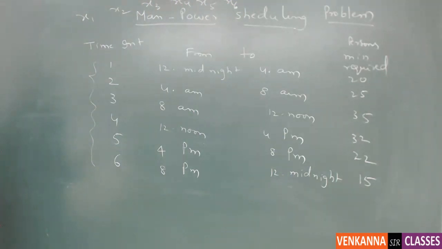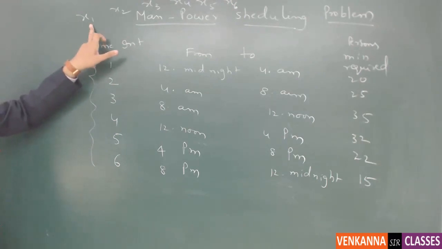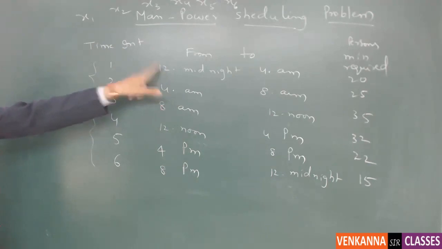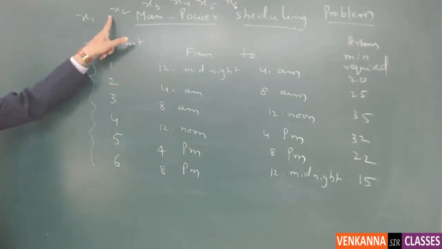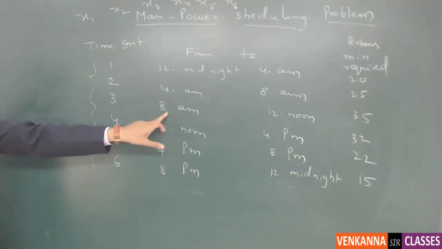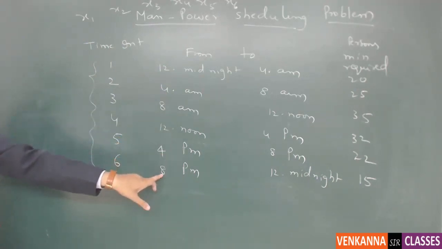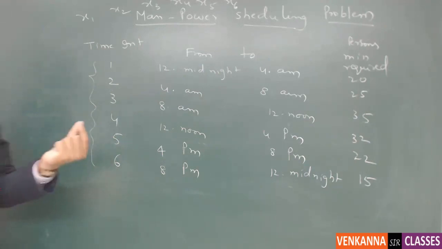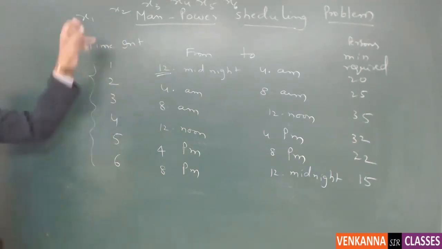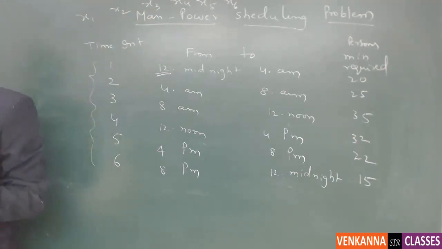What they indicate: x1 indicates the number of persons reporting at 12 midnight. x2 indicates the number of persons reporting at 4 a.m. Similarly, 8, 12, 4, 8. So the number of persons reporting at the beginning of the interval stands for the decision variable. Accepted?